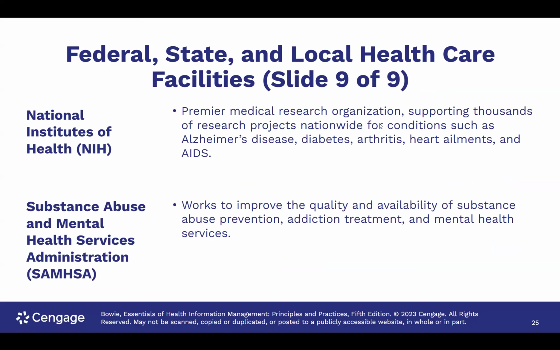And they're still a very important contributor to advancing health services research, not just here in the United States, but nationwide. And we hope they can continue to do that. And then we have the Substance Abuse and Mental Health Services Administration that works to improve mental health and substance abuse prevention. So a lot of interest in them lately, particularly with opioid addiction.